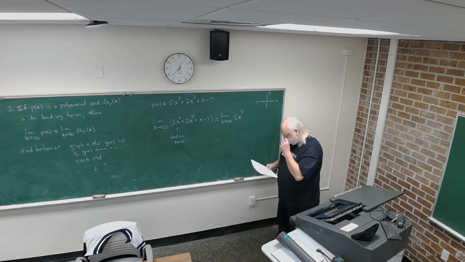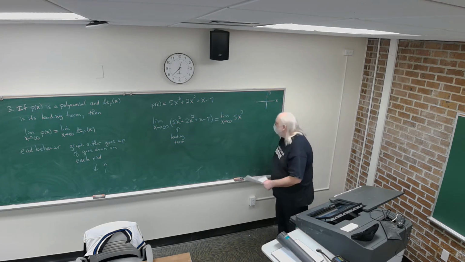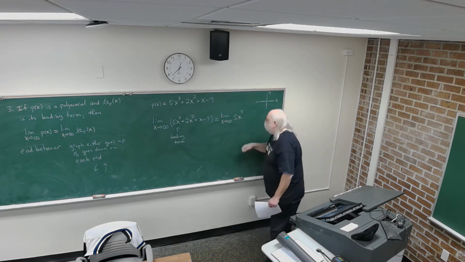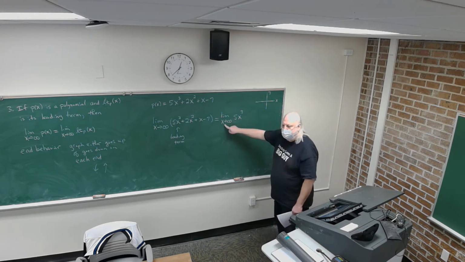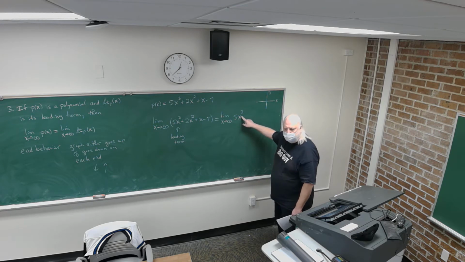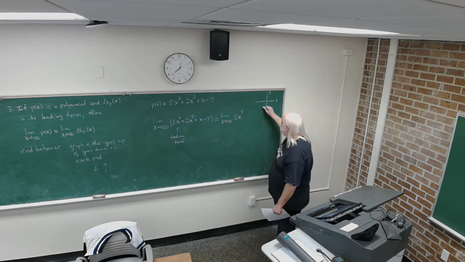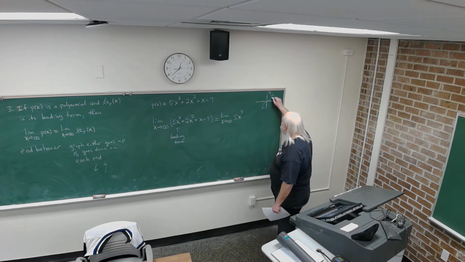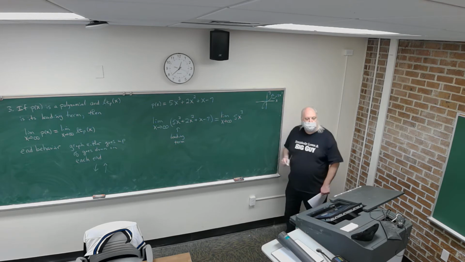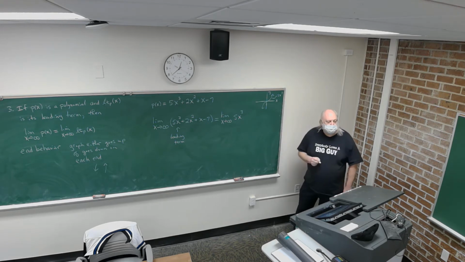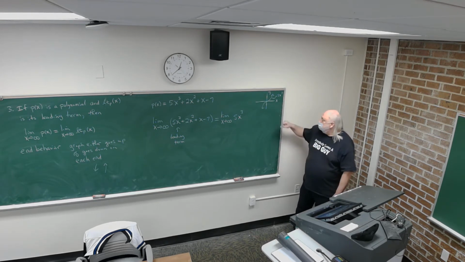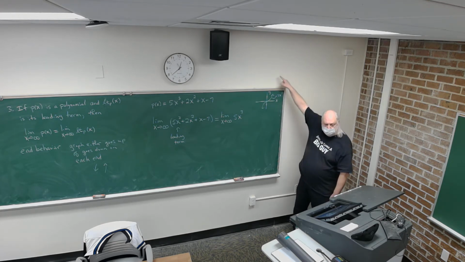Well, as x increases without bound, x cubed increases without bound, right? The graph of 5x cubed looks like this, if you remember graphs of the cubing function from pre-calculus. And so the larger the value of x, the larger the value of y, right?